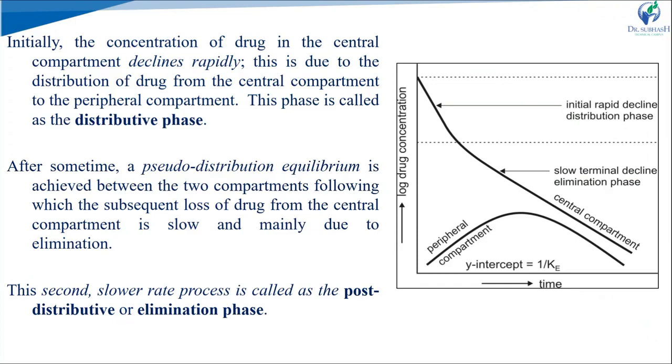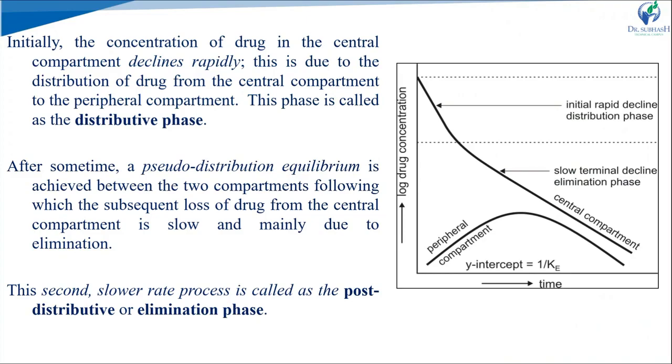Initially the concentration of drug in the central compartment declines rapidly, the distribution phase, due to the distribution of drug from the central to the peripheral compartment. That's why the concentration is reduced in the central compartment. This phase is called the distributive phase. After some time, pseudo distribution equilibrium is achieved between the two compartments.